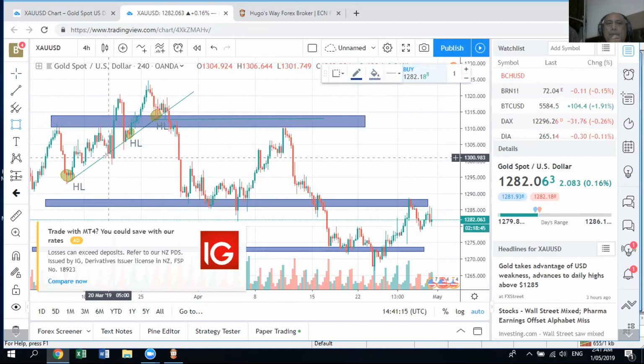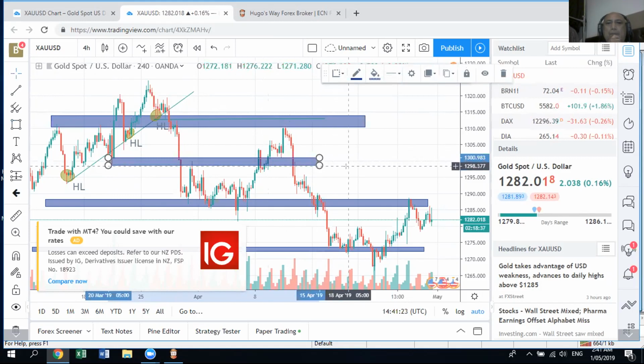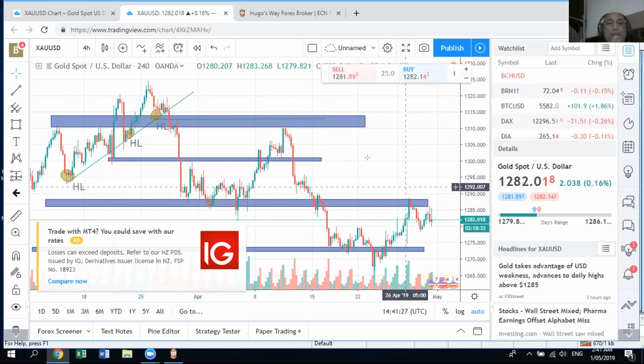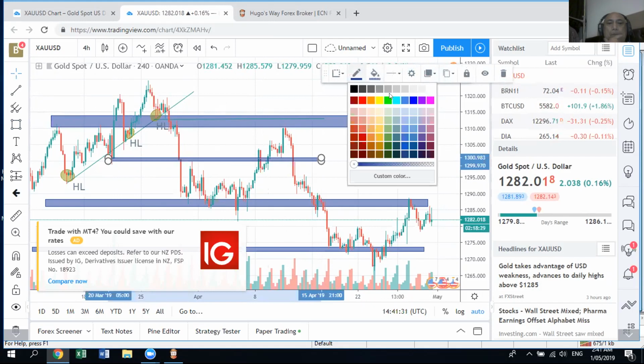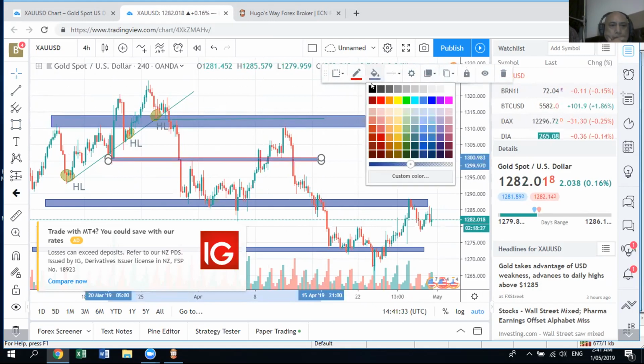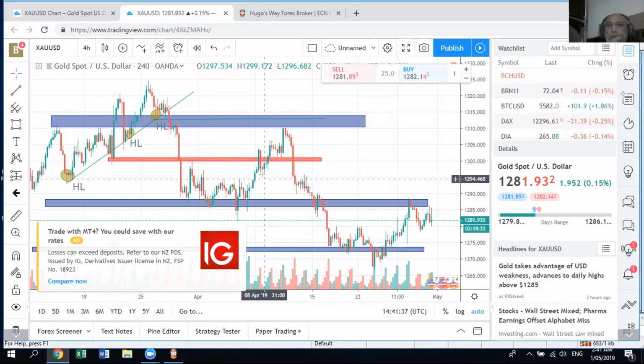So let's see if we have one. We'll change the color on this so you can identify this as maybe not such an important zone, but maybe this is a zone we keep in mind on a smaller time frame.